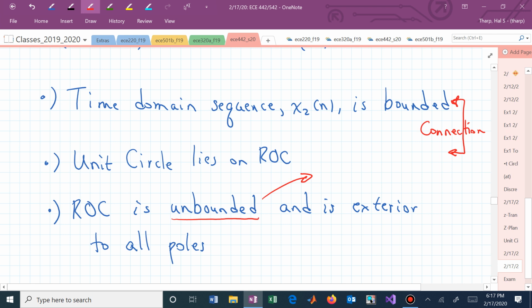This unbounded has a different sort of interpretation than the bounded and unbounded nature of our sequence in the time domain. Unbounded here means that our area goes off to infinity.